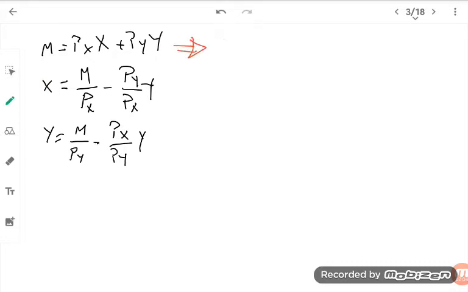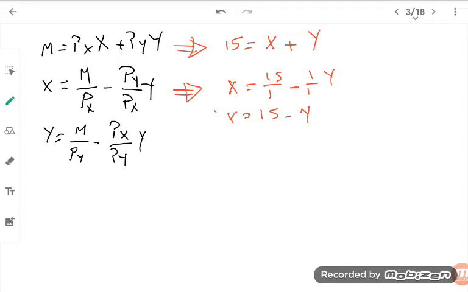This means that M equals 15 equals PX, which is 1, times X plus PY, which is 1, times Y. So equation number 1 can be written as 15 equals X plus Y. With respect to equation number 2, it is X equals 15 divided by 1 minus 1 divided by 1 times Y, which is 15 minus Y. This is equation number 2.